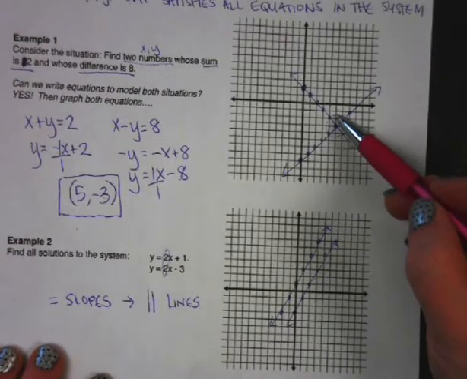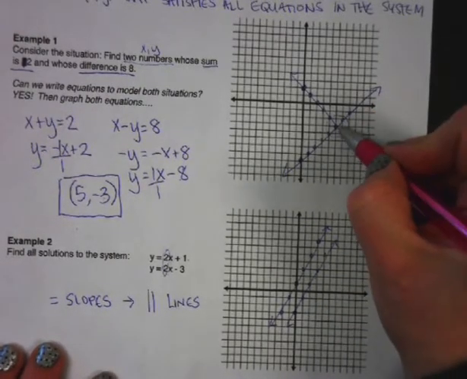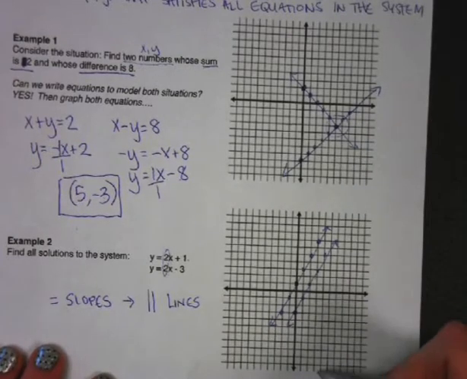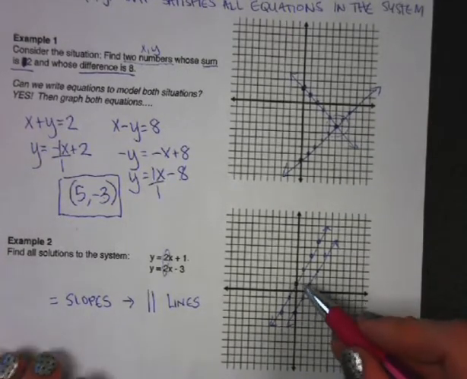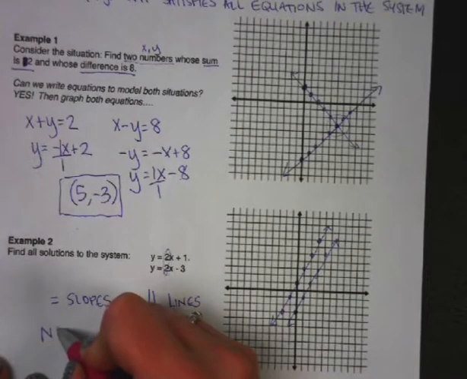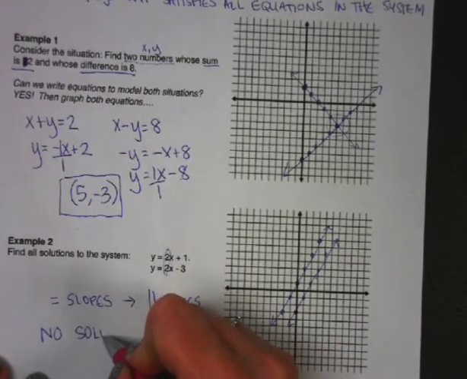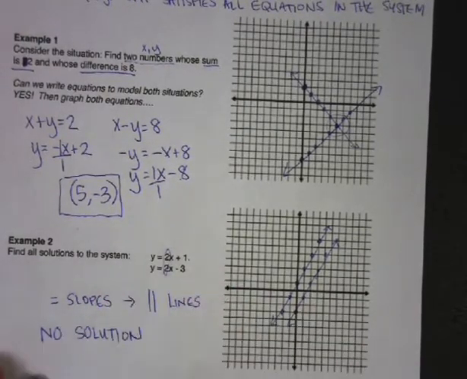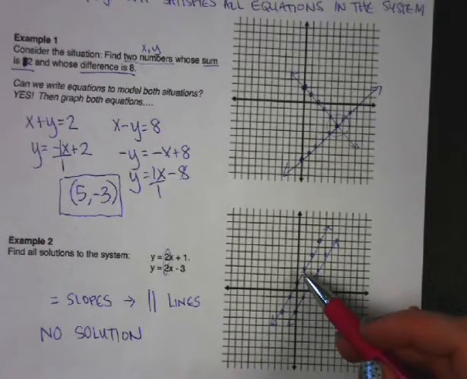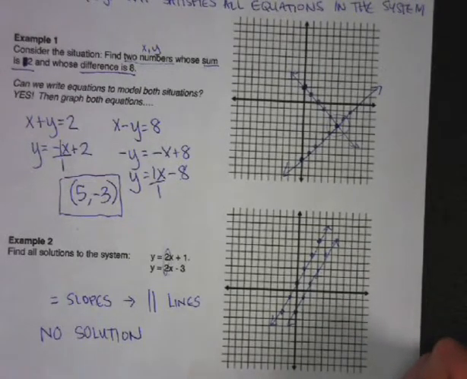Will there ever be this intersection, this point that is shared between the two if they're parallel? No. So this system has no solution, because there's never one point that both equations or both lines will be satisfied with.